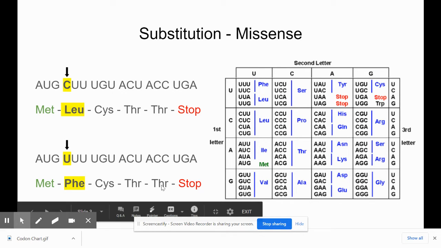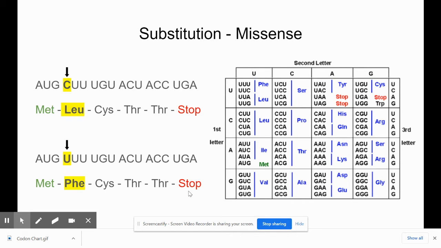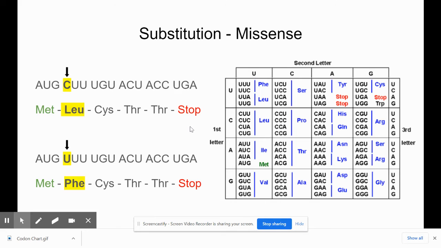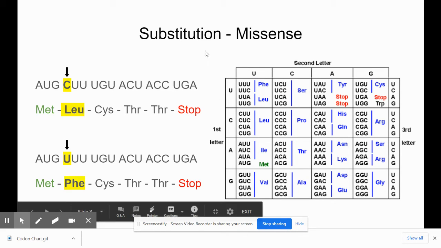So this amino acid sequence might have very different properties, may be non-functional when compared to the original intended amino acid sequence of this protein. And so this is a missense. The term means that you no longer have the same amino acid sequence.